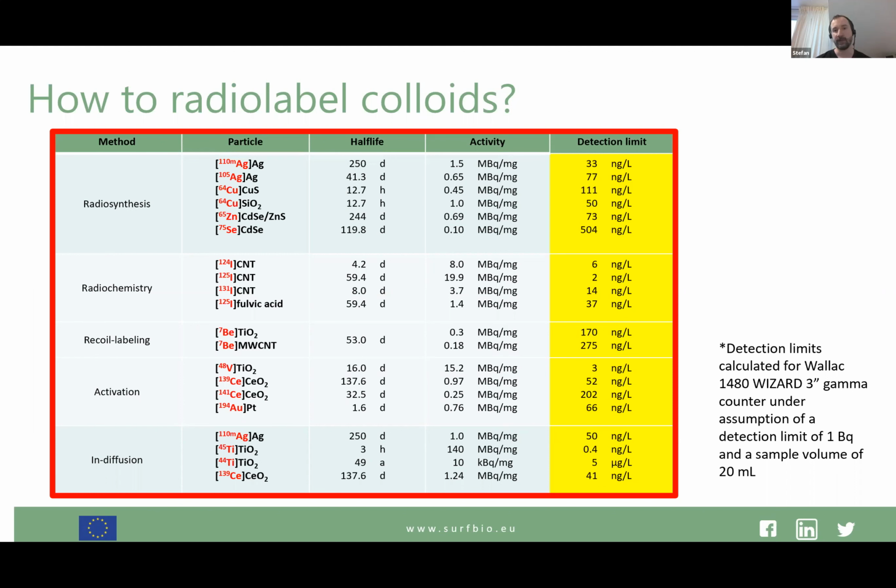What is mainly important maybe for you is to have a look at the half-life, so that you know what kind of tracing experiments or how long you can use them in tracing experiments. And of course, the detection limits. You can see that we can basically detect them in the nanogram per liter range.